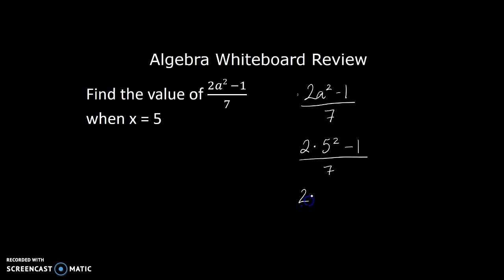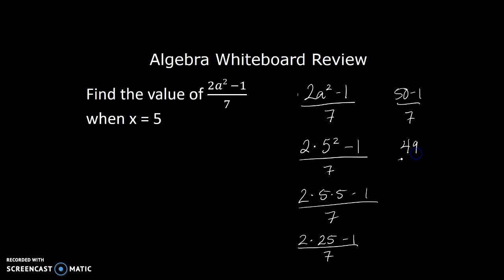And now we're going to solve that exponent. 2 times 5 squared minus 1 divided by 7. And now we have 2 times 25 minus 1 over 7. So that gives me 50 minus 1 divided by 7, which is 49 divided by 7, which equals 7.